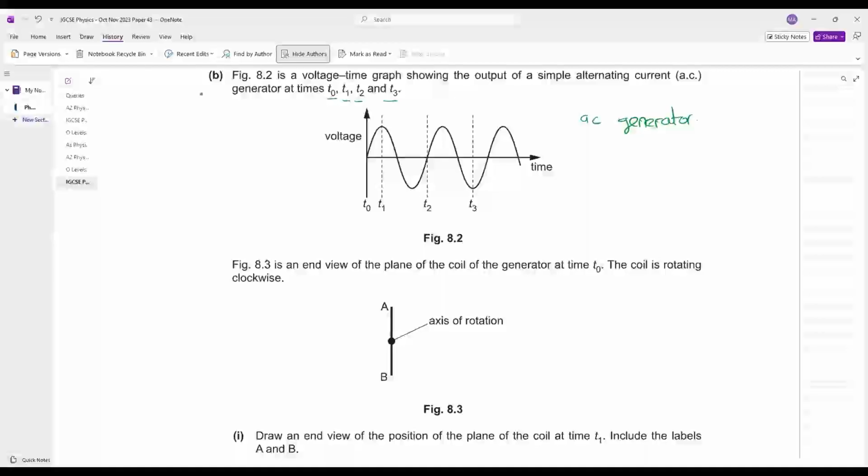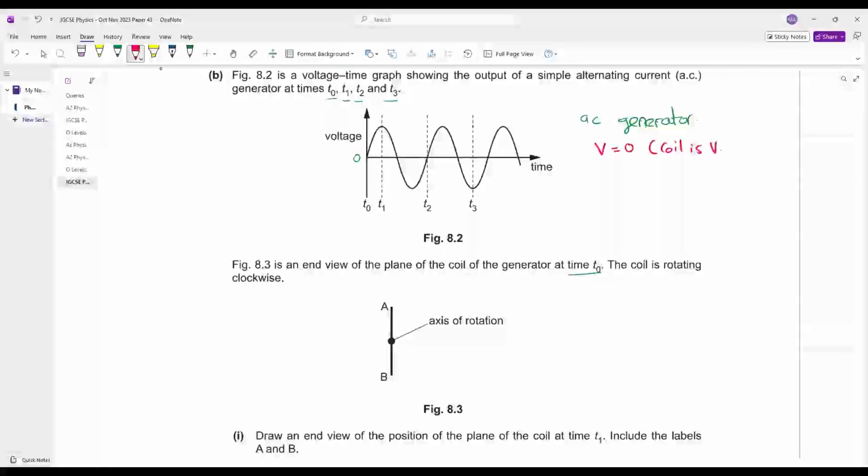Figure 8.3 is an end view of the plane of the coil of the generator at time t equal to 0. Okay, at time t equal to 0, your coil is like this. At time t equal to 0, you have a voltage of 0. Now, always remember in an AC generator, your voltage is 0 when the coil is vertical.